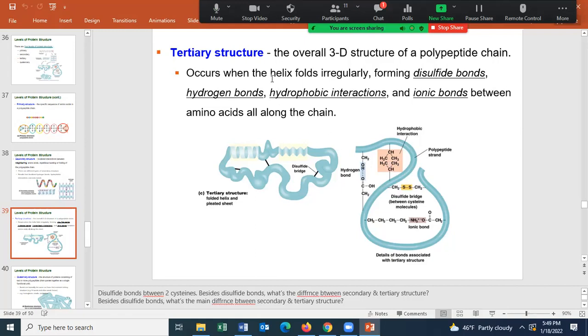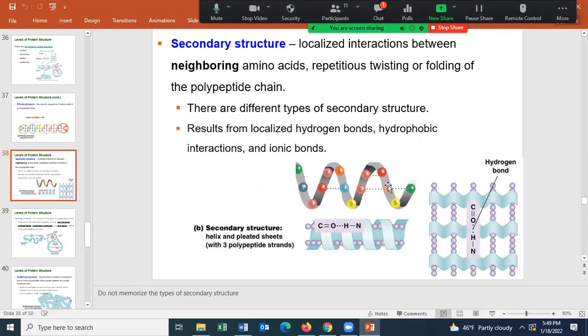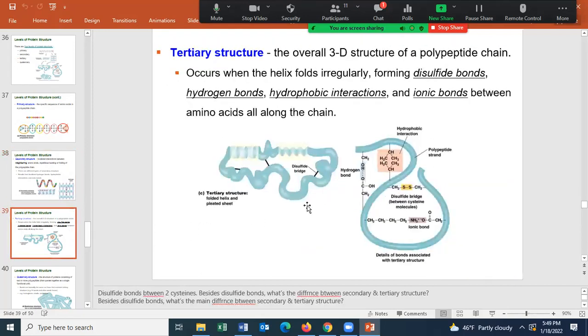So tertiary structure is the same as secondary structure, except that the interactions between amino acids can happen all over the protein chain. It's not just the nearby amino acids interacting.